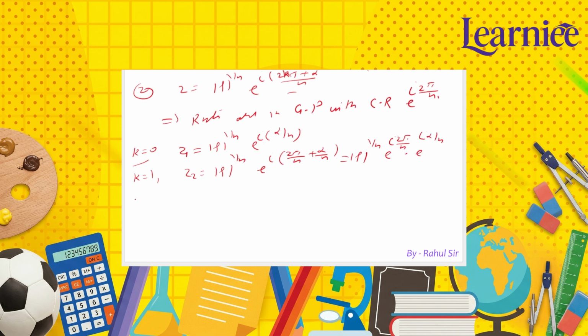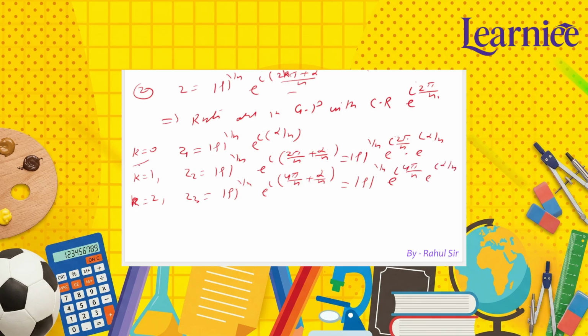If we take k equal to 2, the third root is rho to the power 1 by n e to the power i (4 pi by n plus alpha by n), which is rho to the power 1 by n e to the power i 4 pi by n into e to the power i alpha by n.